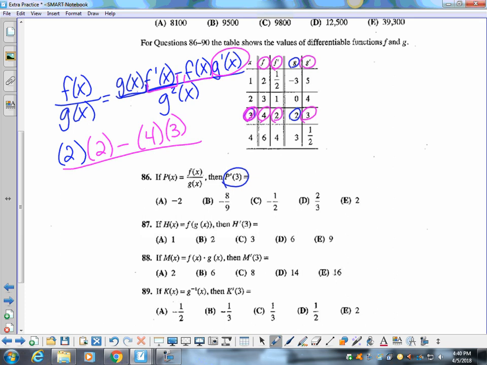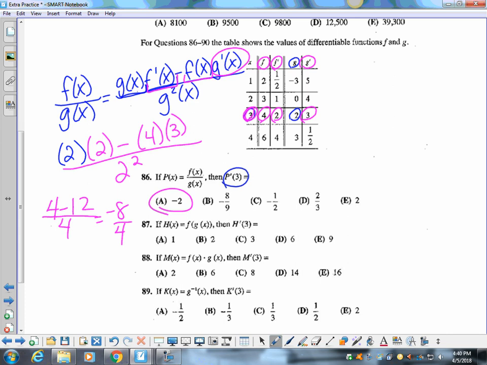And then I need just g of 3, and then I'm going to square it. G of 3 is 2. 2 squared. So this is 4 minus 12 over 4, negative 8 over 4, which is negative 2. And then I think for homework you get to do 87 and 88, so you get to practice finishing those as well.